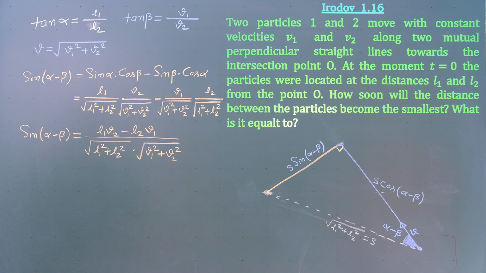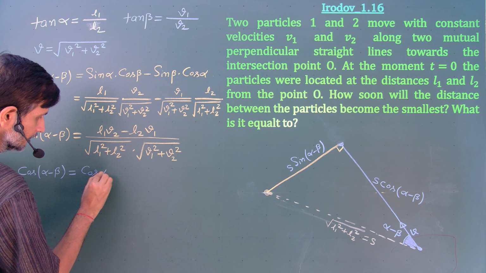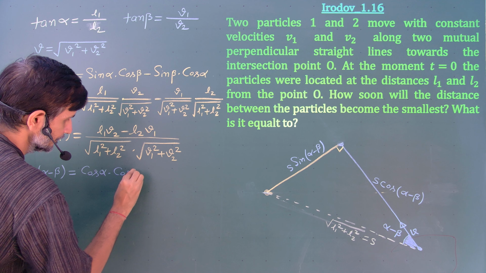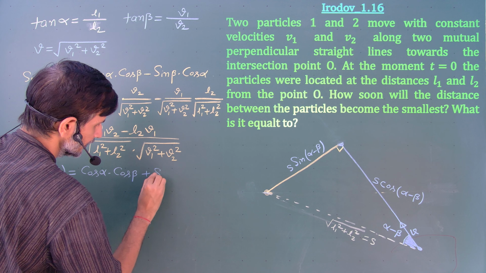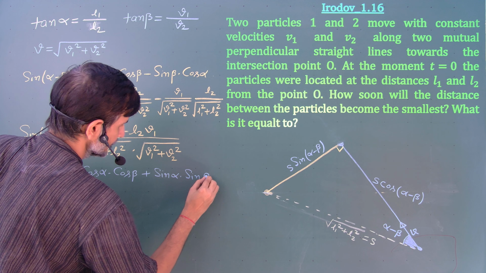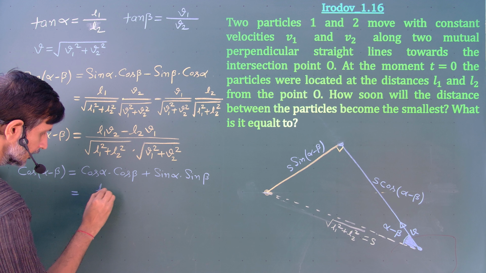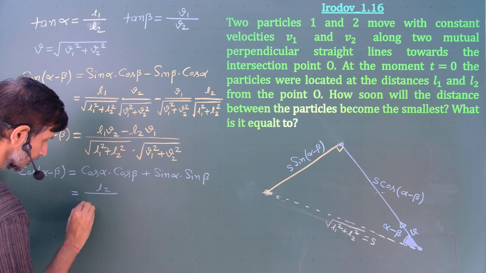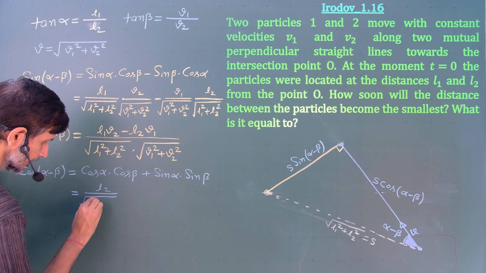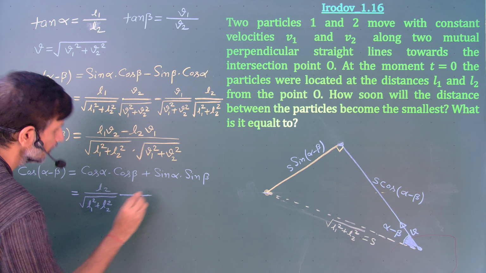Similarly, I can calculate the value of cos alpha minus beta. So cos alpha minus beta should be equal to cos alpha into cos beta plus sine alpha into sine beta. So what is the value of cos alpha? This is alpha. So it is equal to L2 divided by under root L1 square plus L2 square. Okay, what is the value of cos beta?